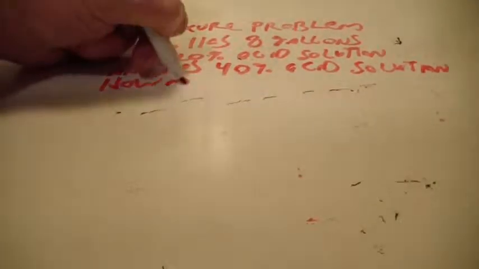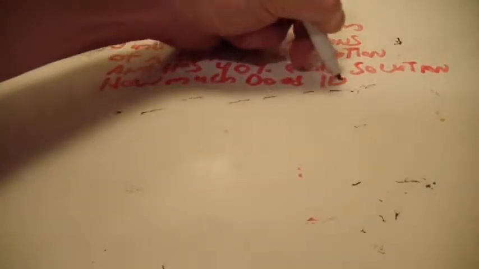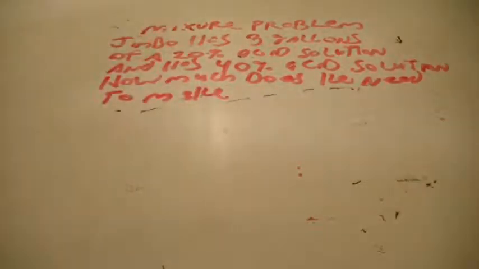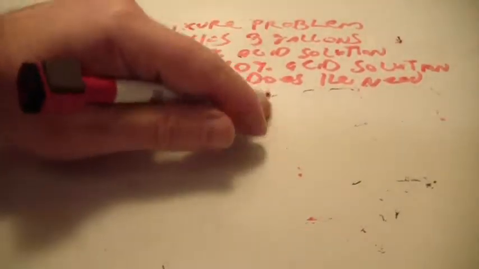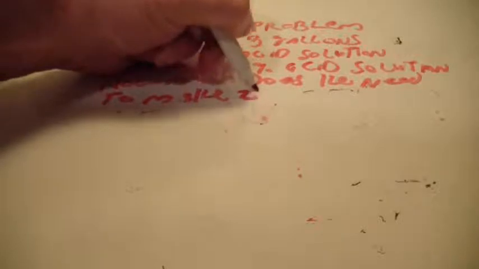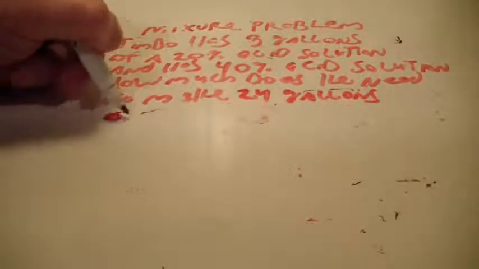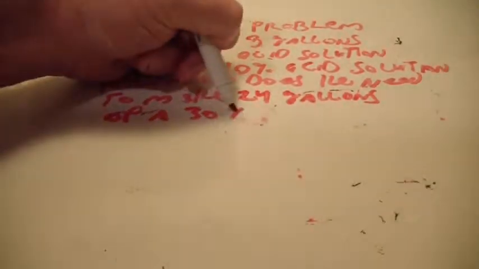How much does he need to make 24 gallons of a 30% mixture?